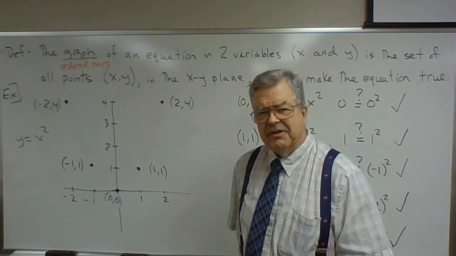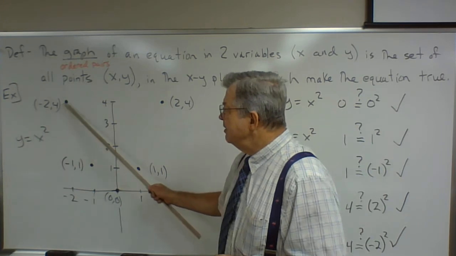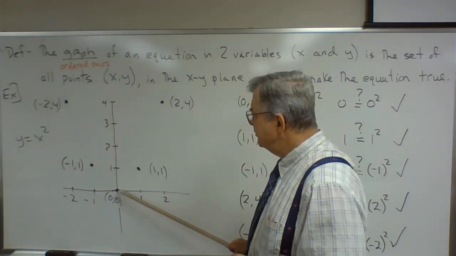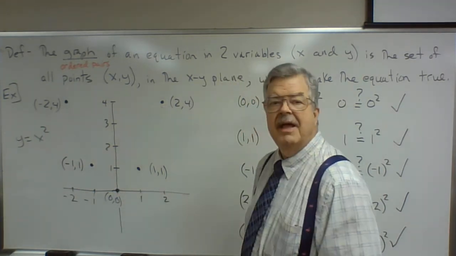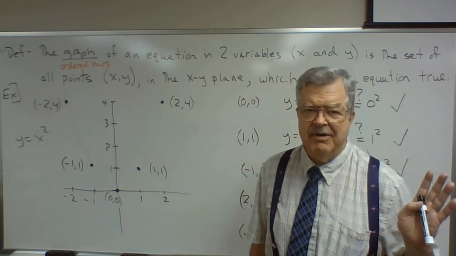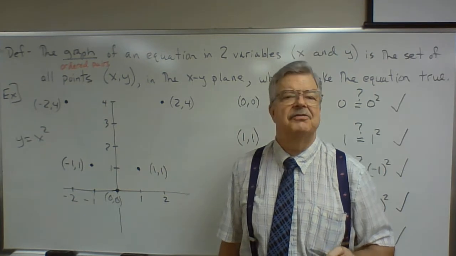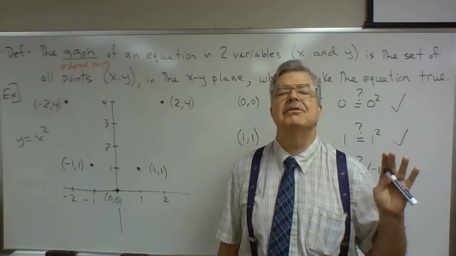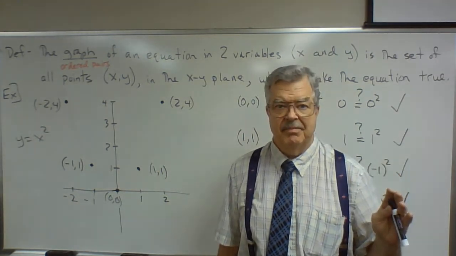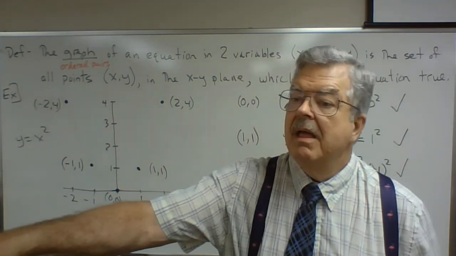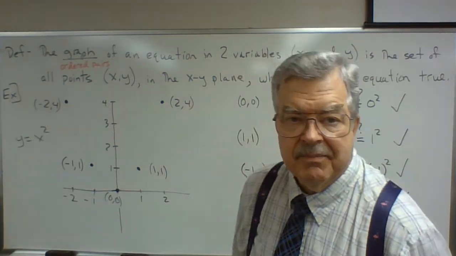What I'm guessing is that I can use these 5 points as the skeleton of my graph, and I can just cover that skeleton with skin and muscle to form a body. And how do I do that?